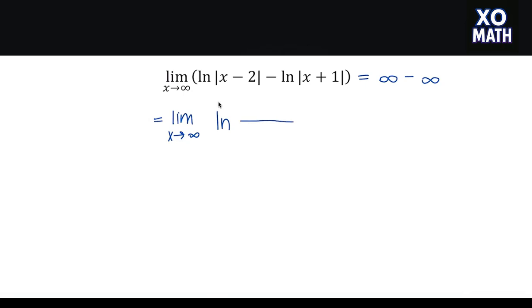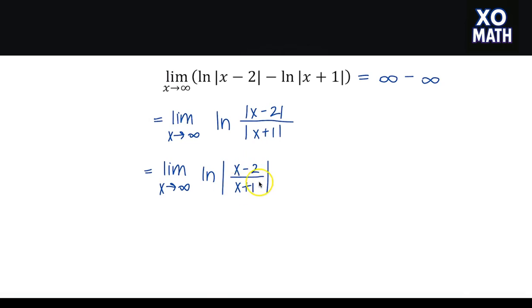So natural log of the absolute value of x minus 2 over the absolute value of x plus 1. We can rewrite that as the limit as x approaches infinity of the natural log of x minus 2 over x plus 1 in absolute value bars.